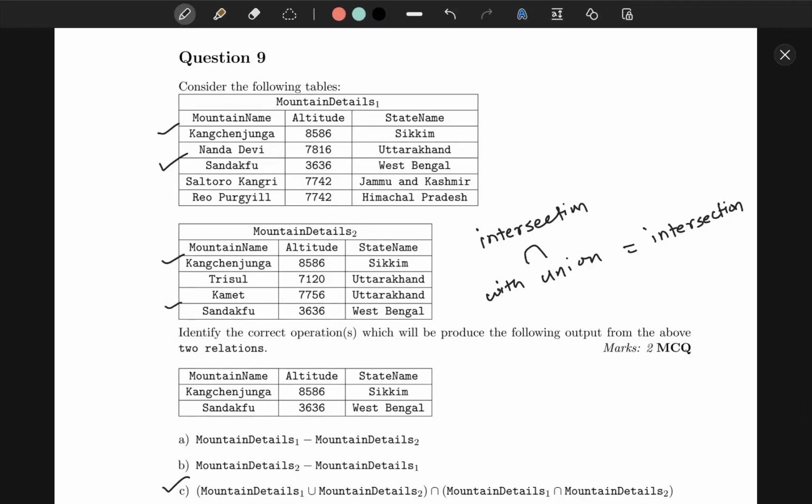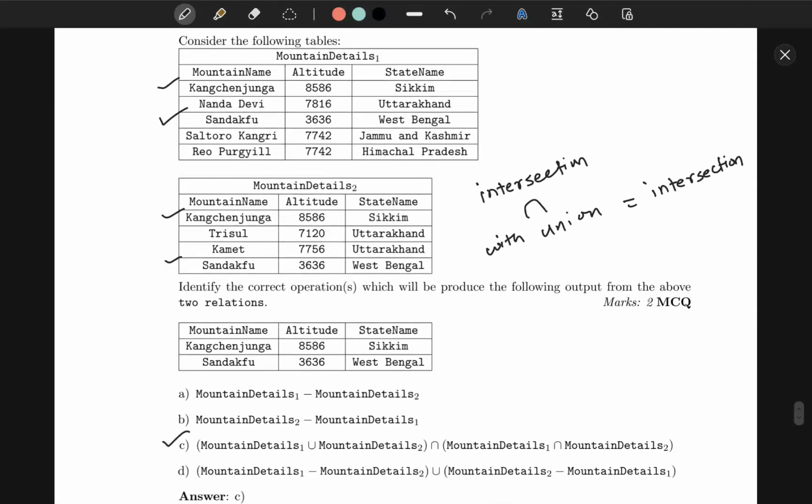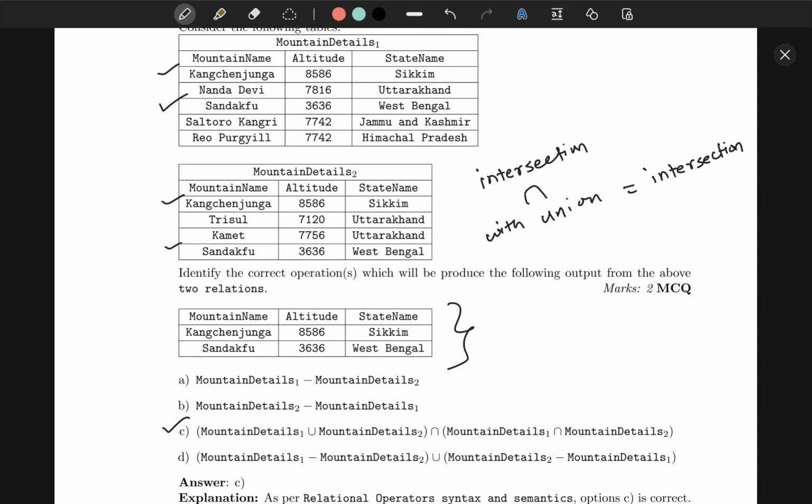Okay, let's see question number 9. It asks us again a relational algebra question. It is also giving us a result and asks us to find the operation. You can clearly see that it is not the set difference, since if you compute S1 minus S2, you will get some entry at J and K, but you cannot see it in the result, so option A has to be incorrect.